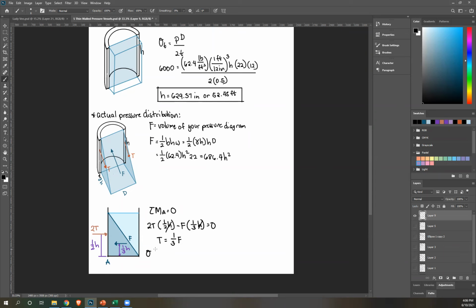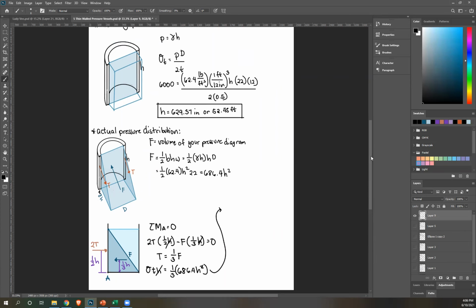So that's why this is sigma T times h equals 1/3. And then what's F? F is this, 686.4 h squared. As you can see, h cancels out. Sub in our values.